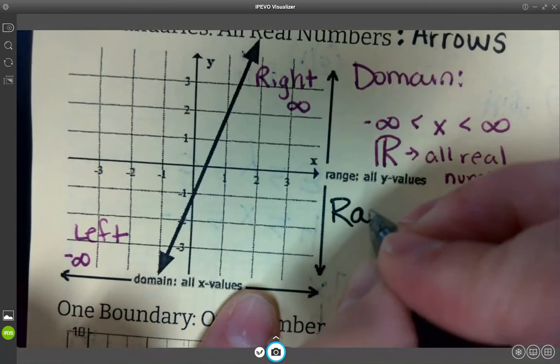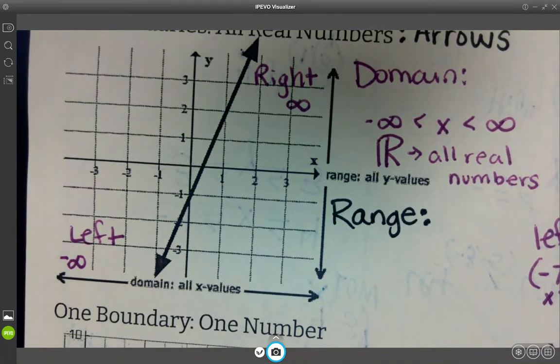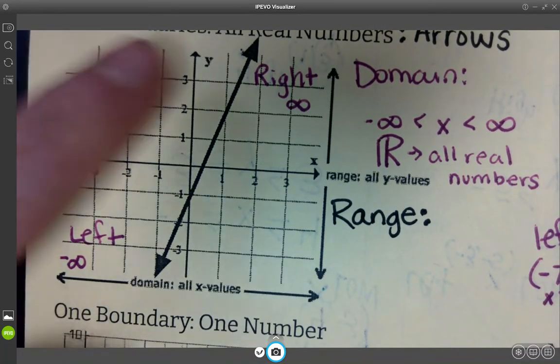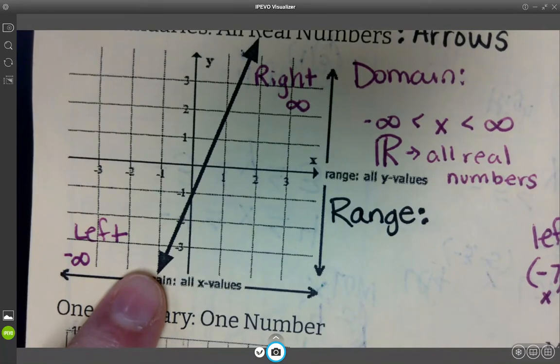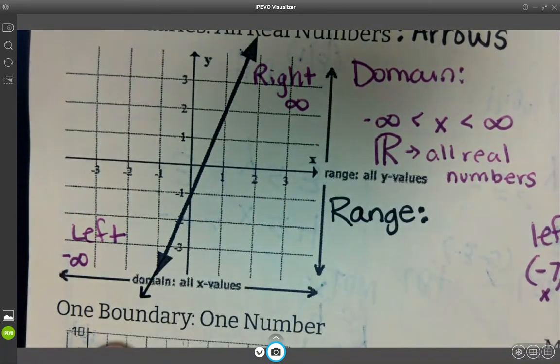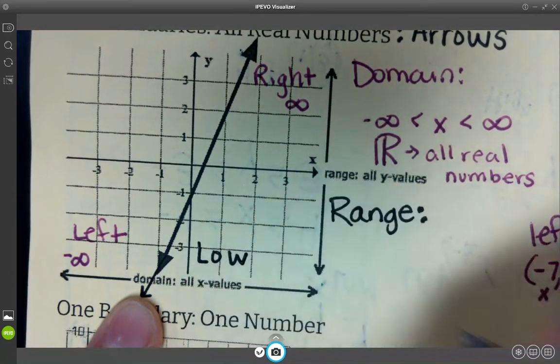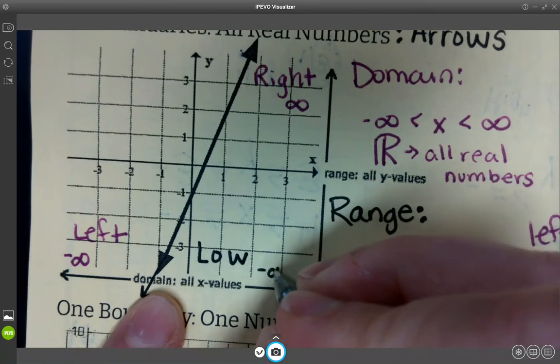Okay, so now we'll do our range. Range is low to high. If I look, there is no dot on the low. I could continue to add to this, and it keeps on going on and on forever. So my low goes on and on to negative infinity.